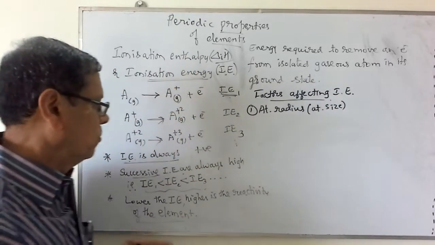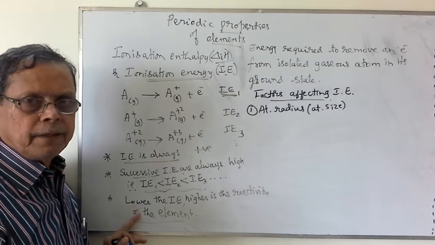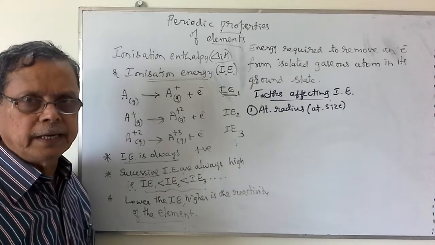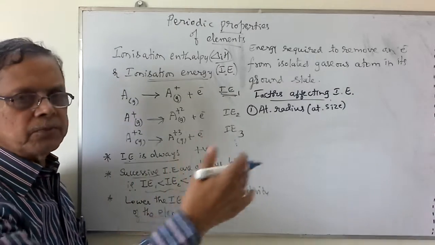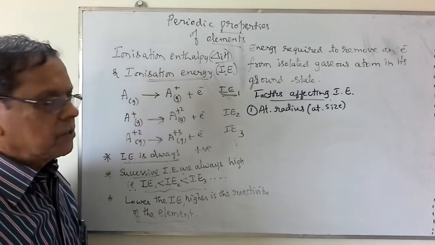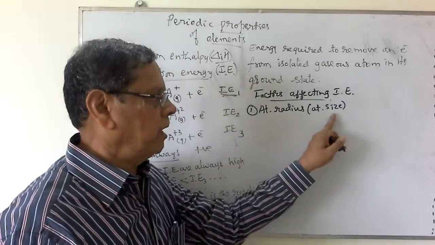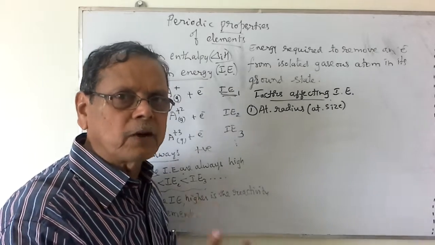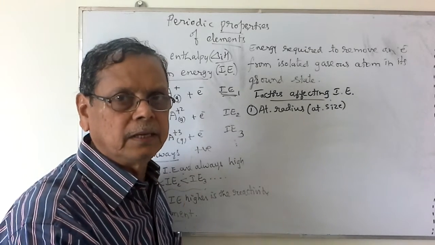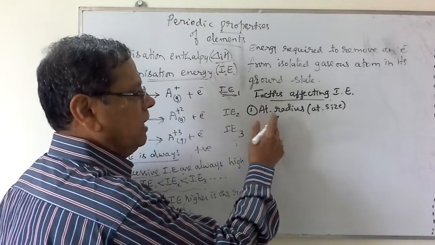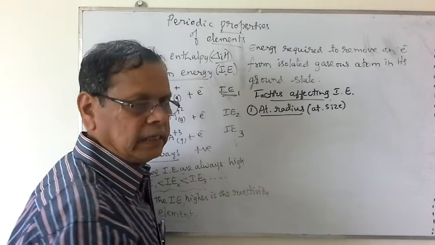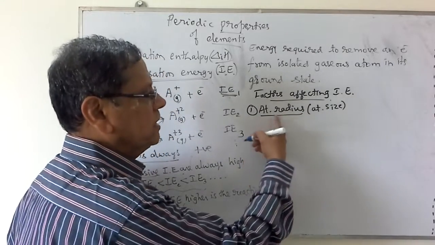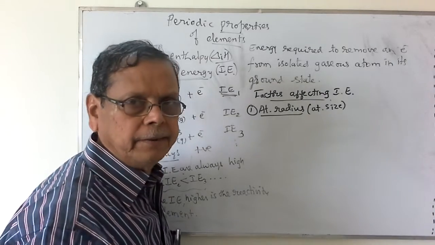We know that as we move from left to right across the period, the size gradually becomes smaller and smaller. As the size becomes smaller and smaller, automatically the ionization energy, that is the energy required to remove the electron, must increase. So generally when we consider only this factor, ionization energy increases across the period.